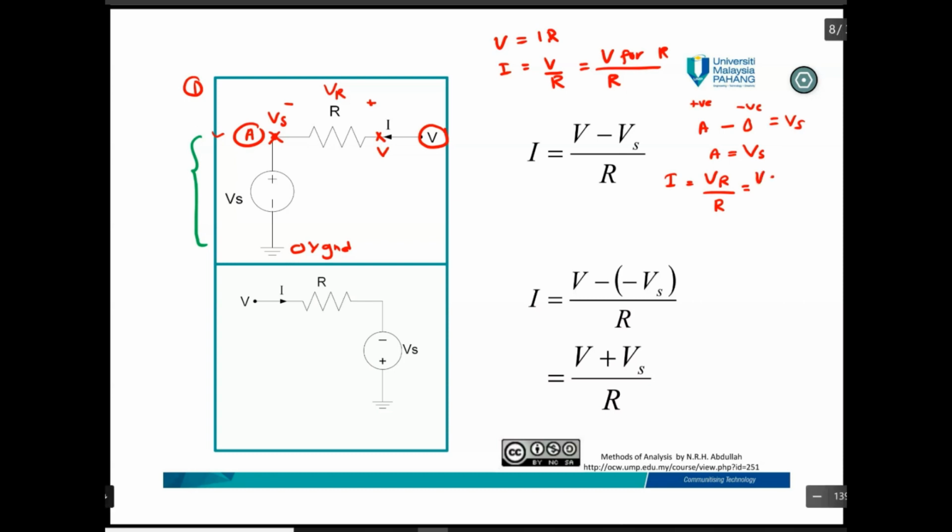So V minus Vs over R. This is the equation for the current I for this first figure.